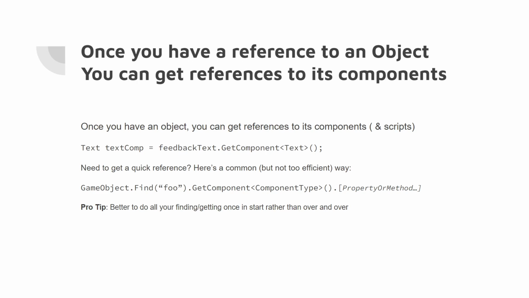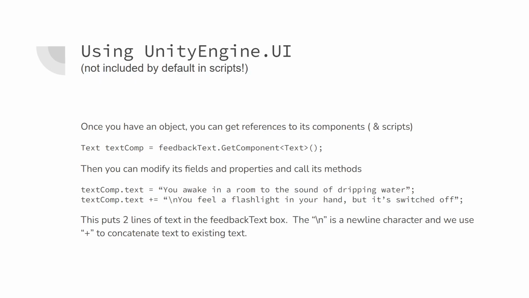So sometimes you'll want to simplify: don't keep finding it over and over again. Get a reference to it and then just keep referring to that reference to that game object. For example, if now I want to refer to that text, I just refer to the text itself, and I don't bother to go through that whole tree every time. Pro tip.